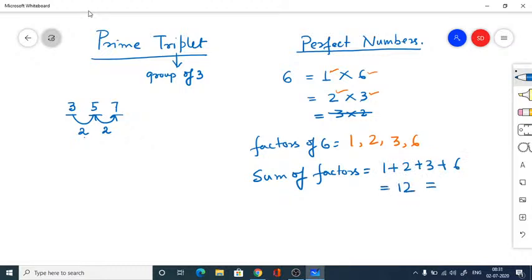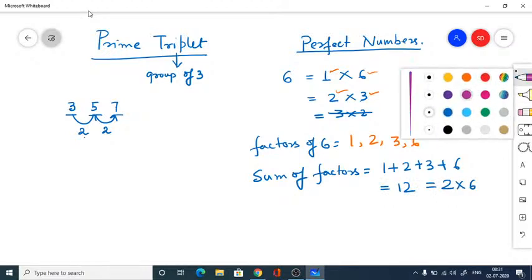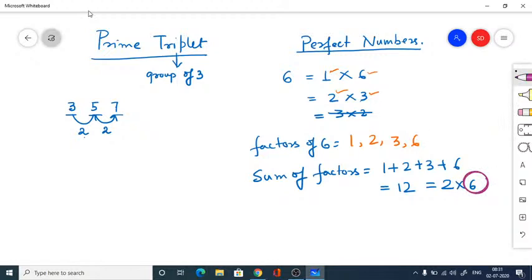Now this is equal to what? 2 into 6. So this is the number that was given to us. The sum of factors is equal to twice the number. So 6 is a perfect number.